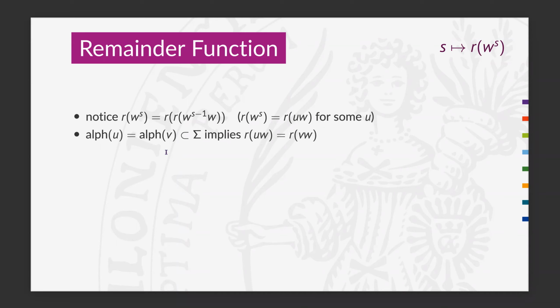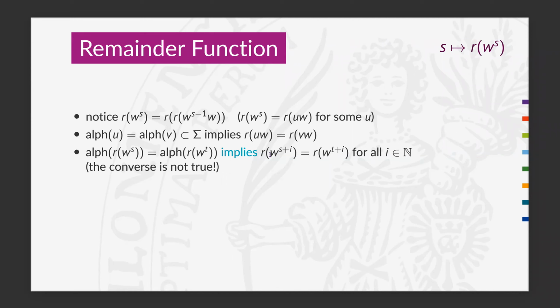If I'm doing this with the rest of W to the S and W to the T, then I'm getting that I can add more W's to both, so W to the S and W to the T, and the rest is the same. The converse is not true. So if I have this one, I cannot just go down on the same amount of both. But I can do it somehow. The alphabets remain the same. So not the rest themselves, but the alphabets.